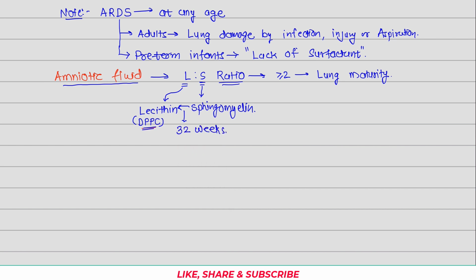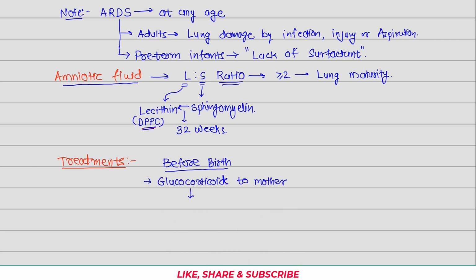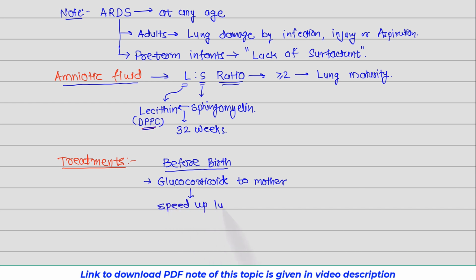And here is the good news. We can intervene. Preventive and curative, both treatments are available. In case of before birth, if premature delivery is expected, giving glucocorticoids to mother shortly before delivery can speed up lung maturation by turning on specific genes in the baby's pneumocytes.